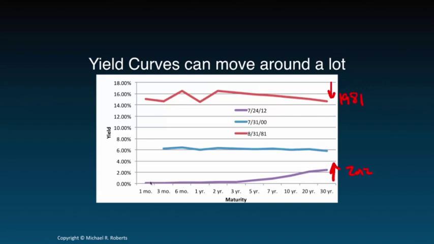So when the yield curve is upward sloping as it is in 2012, this suggests that future interest rates are likely to be higher. Whereas back in 1981, this downward sloping portion, and also in 2000 it looks slightly downward sloping as well, suggests that future interest rates are going to be lower.